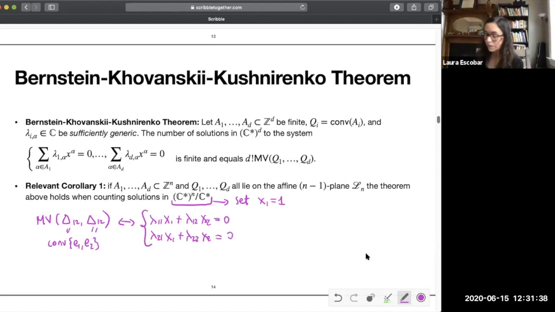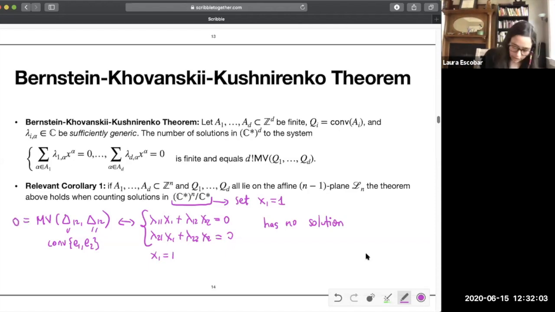How many solutions does this have? Here, again, this polytope lives in an affine plane, so we also want to set x1 equals 1, and hopefully it is very clear and concrete that this has no solution. And thus the mixed volume is going to be 0.